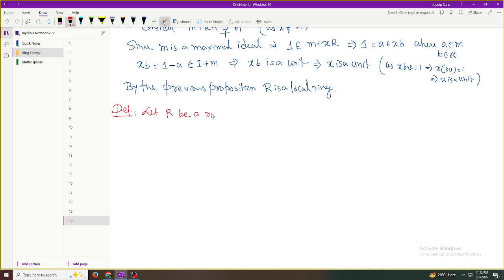Ring means commutative ring with identity, such that for all x belongs to R, the homothety R to R, theta x, r goes to rx, is injective.